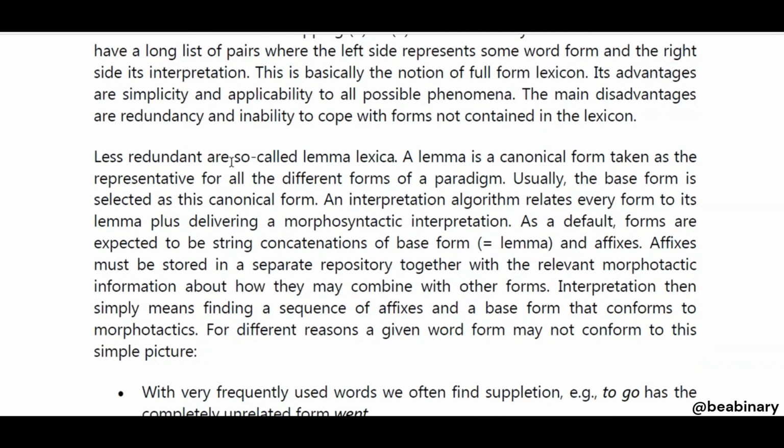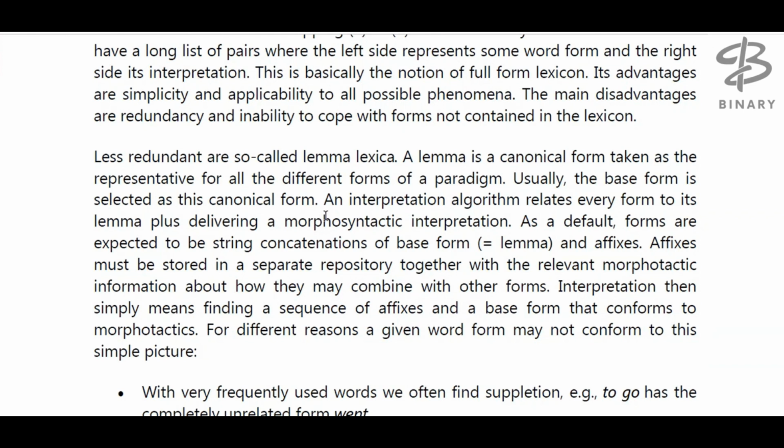So less redundant are the so-called lemma lexica. The lemma lexicon has the canonical form taken as a representative of all the different forms of the paradigm. So the base form is selected as a canonical form.